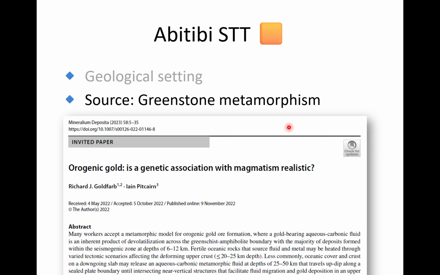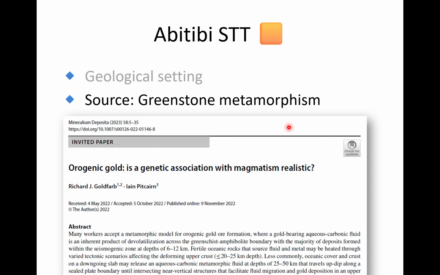Goldfarb and Pitcairn 2023 argued that even in such cases, the deep crustal metamorphic fluids are more plausible, but the debates illustrate that metamorphic versus magmatic source is an open question for some Abitibi deposits.